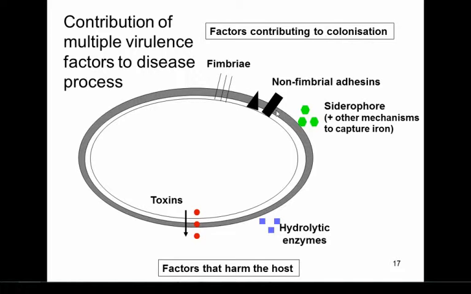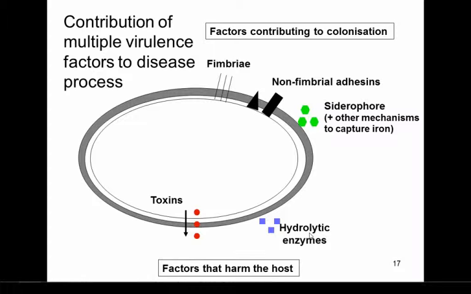Each one of these systems is going to contribute something to pathogenicity. So if you've got adhesins and a nice way to get iron, then perhaps you can colonize a host, but you won't be very harmful. To be really pathogenic, you also have to secrete toxins and hydrolytic enzymes.